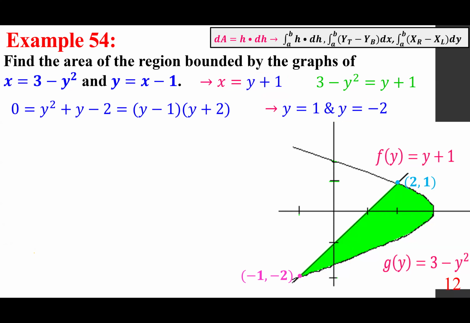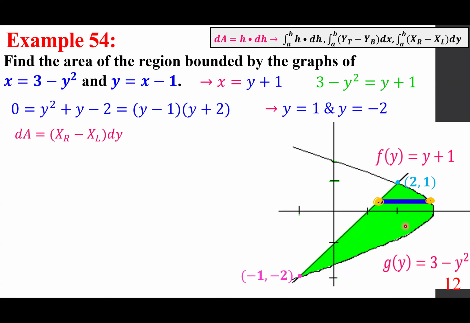So instead, we are going to look at dA in this manner. An increment of the area is this one, and the length is x of this one minus x of this one. We call it x of the right minus x of the left. And this is going to sweep up and down, so dy, in order to cover that.